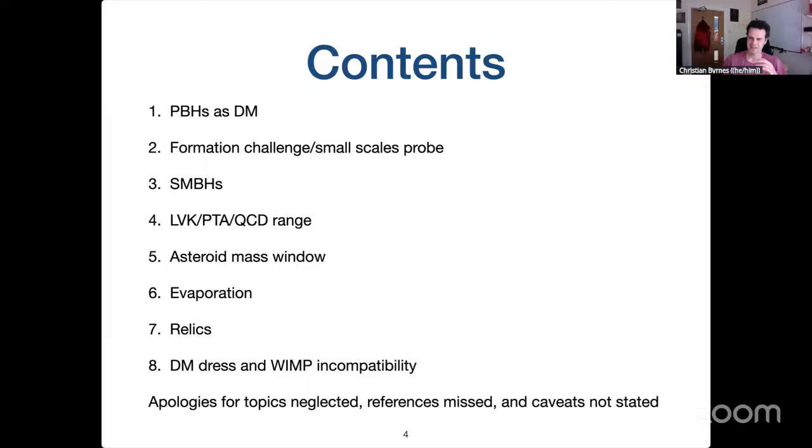Needless to say, it's a huge topic, and I've worked on some aspects, but not on other aspects. So I'm going to focus on the things I know best and I enjoy the most. Apologies then for all the topics I neglect, references missed, etc. This is meant to be a personal review of the subject, not comprehensive. There's a whole book, by the way, on primordial black holes if you want to learn a lot more.